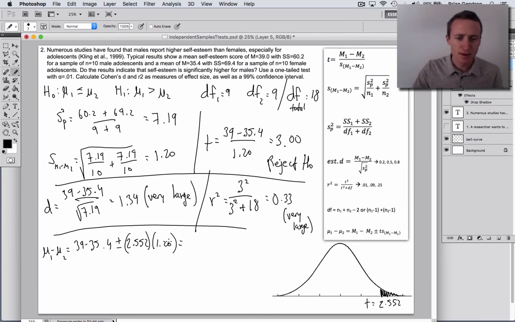And that gives us the following. So we have 39 minus 35.4, which is 3.6, plus and minus 3.06.